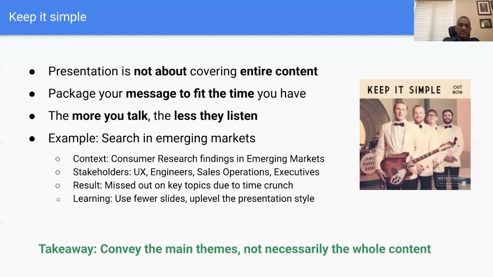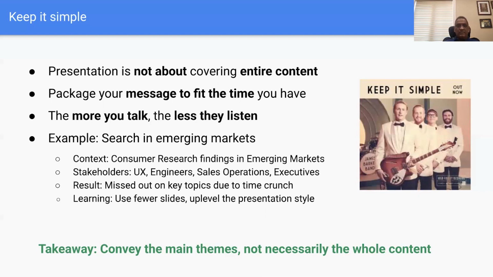So he would have been better off kicking off the presentation with the key findings, or maybe even an executive summary of why we should have positioned the product in this manner because X, Y, and Z are the findings and the reasons. And that would have captured the major part of the presentation. In 5 minutes, he could have covered the main goal of the presentation.